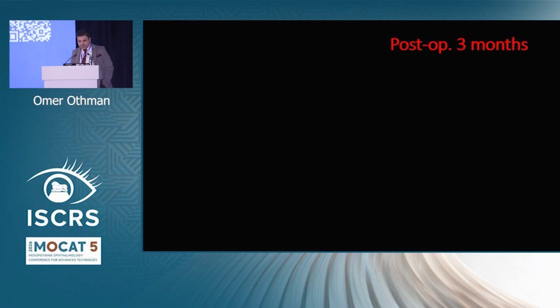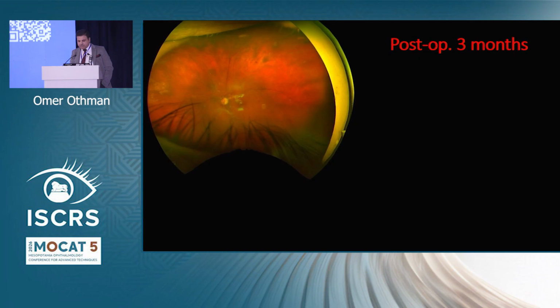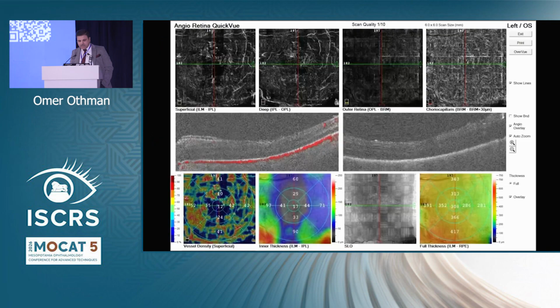Surprisingly, at the third postoperative month, the retina showed flattening without any complication, documented by FAF, and the OCTA demonstrated a flat retina. The superficial layer showed low vascular density, irrespective of the capillary density. Capillary perfusion was much higher than the vascular density.